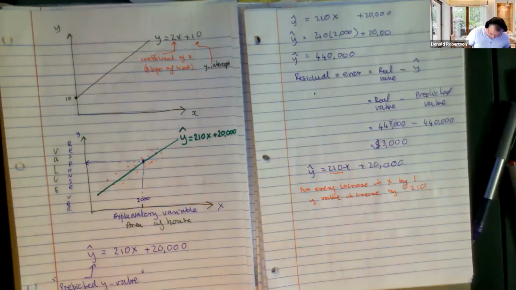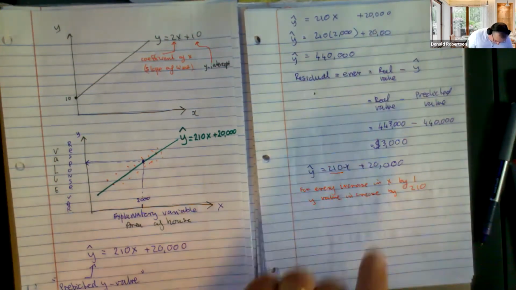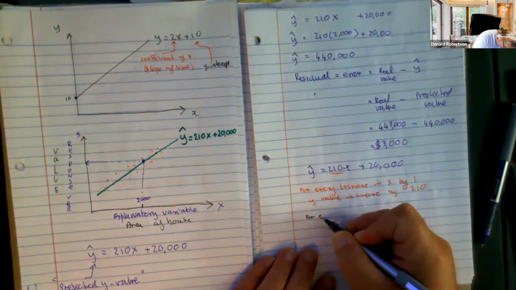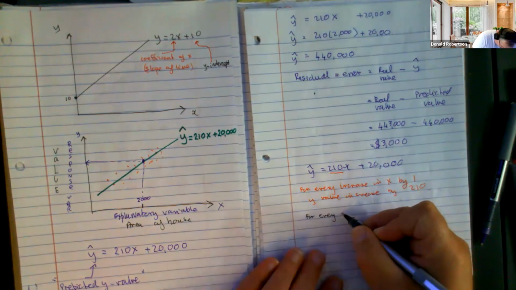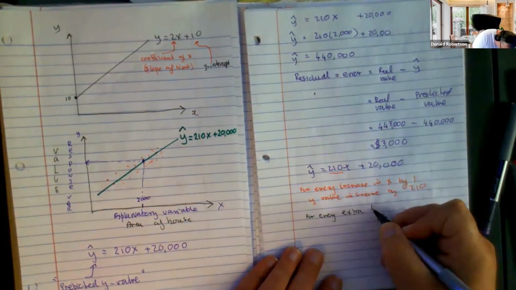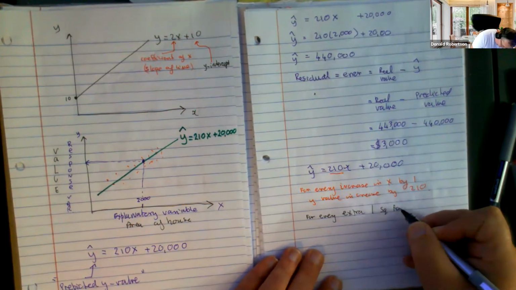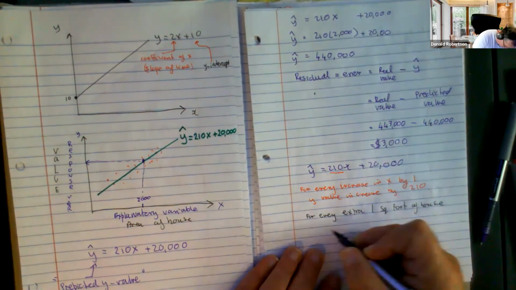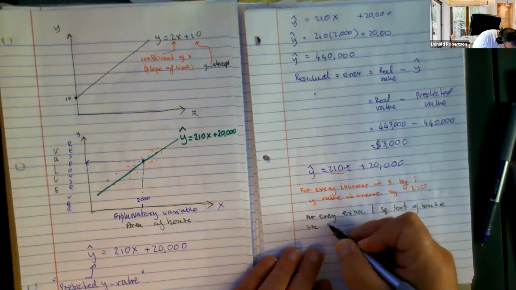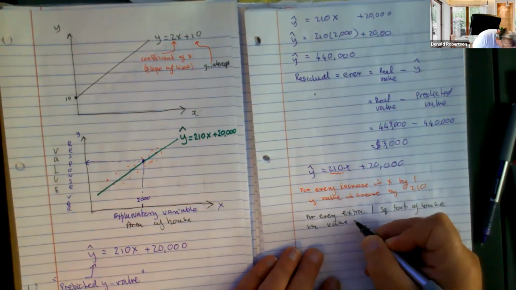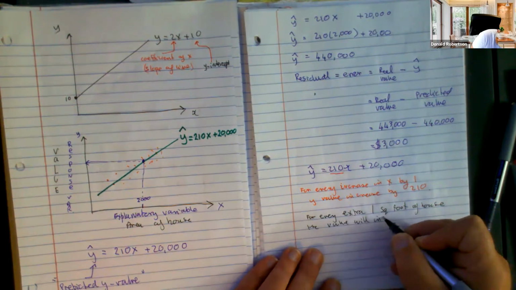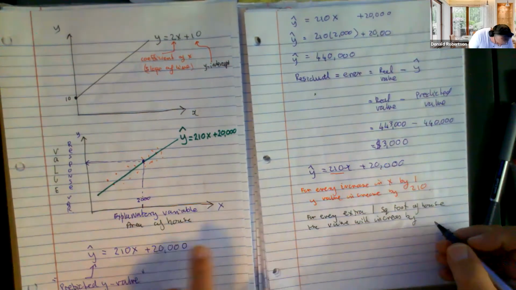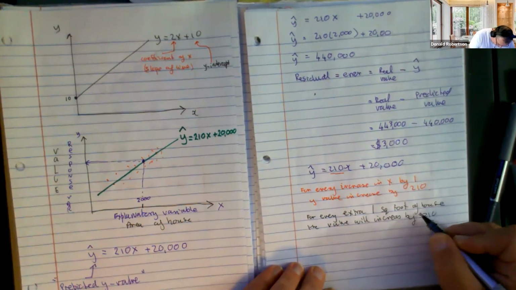That's the slope. In the context of this situation, for every extra 1 square foot of house, the value will increase by, in this case, the slope, $210.